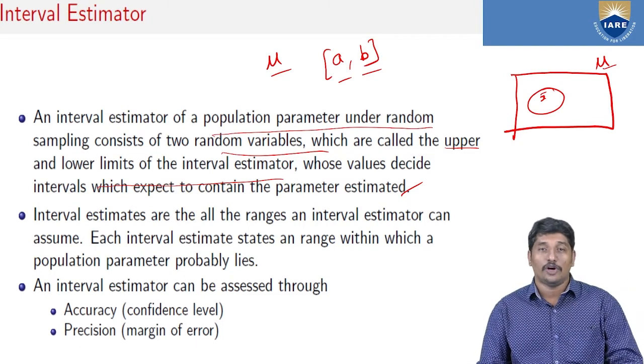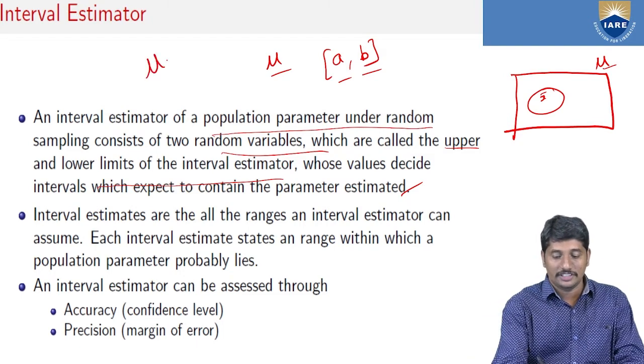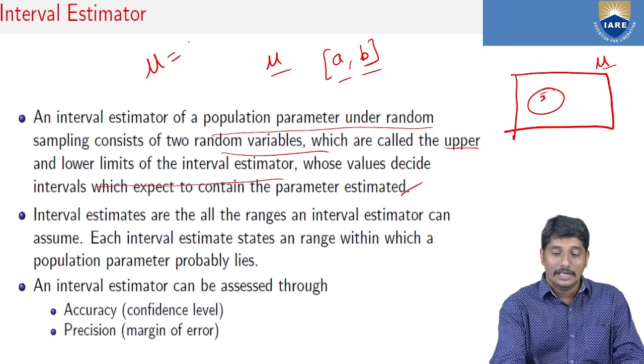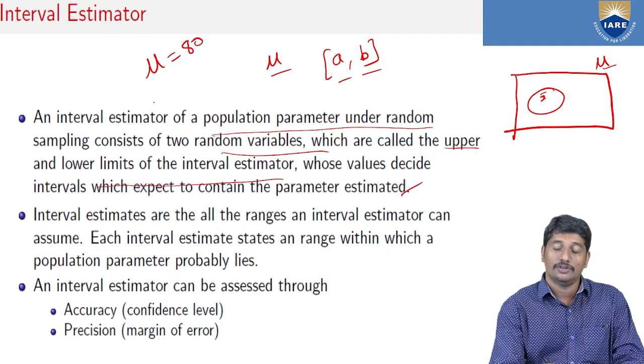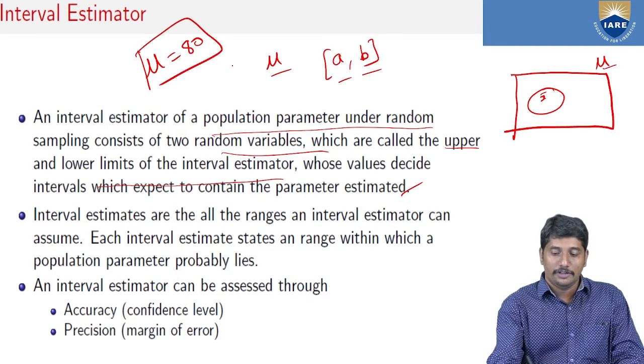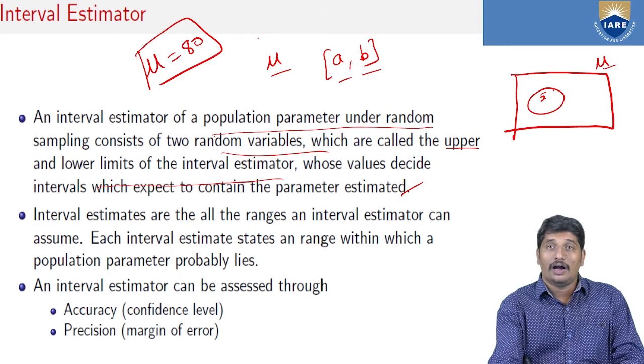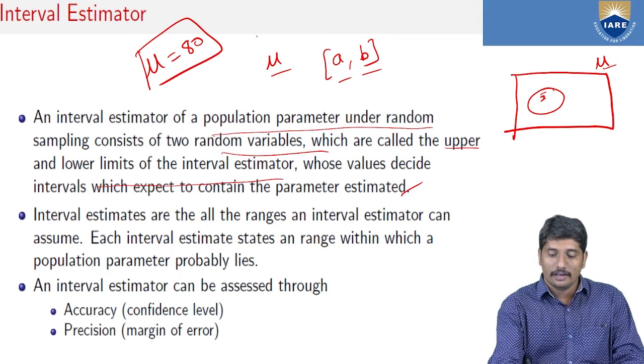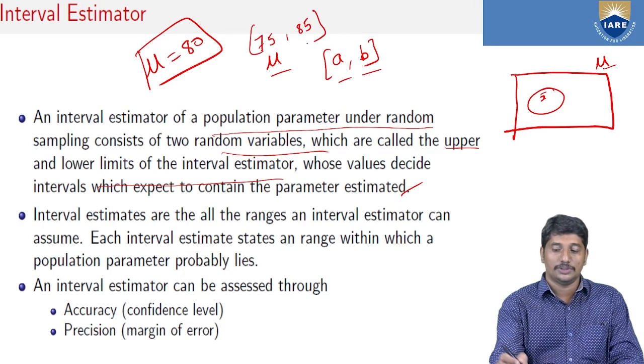Unlike point estimation, where we try to estimate the value as a single number, like the average IQ of aeronautical engineering students is 80 out of 100, this is called point estimation. But if you state that the average IQ of aeronautical engineering students will range from 75 to 85, that is called interval estimation.